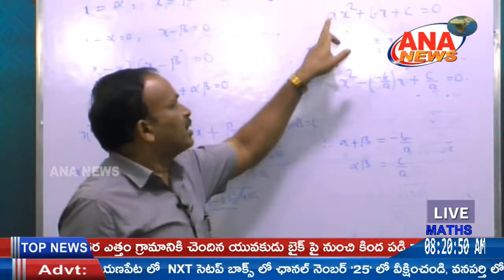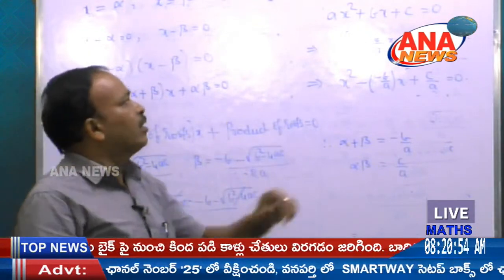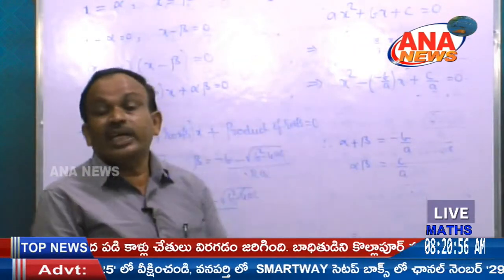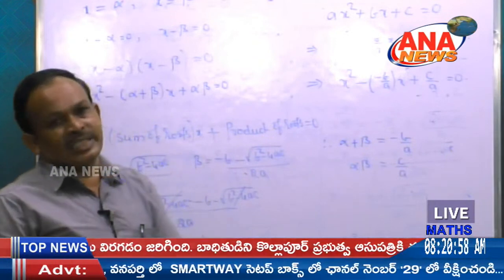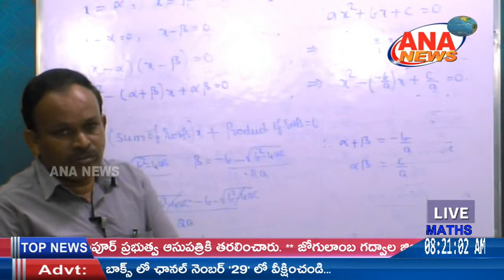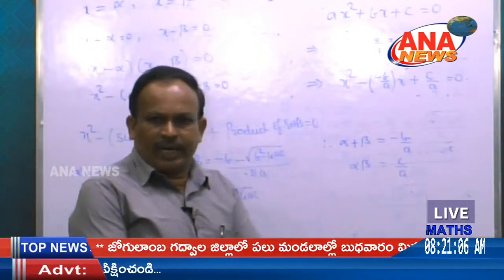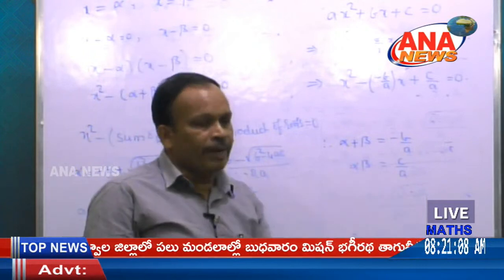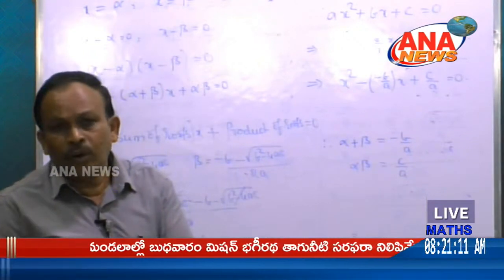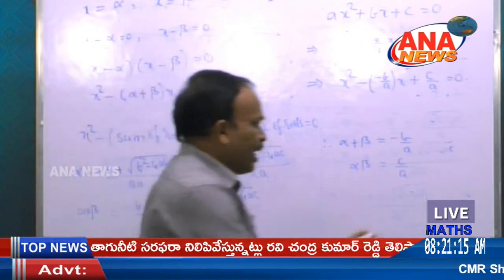Now a is the x square coefficient, b is the x coefficient, and c is the constant. Alpha plus beta is equal to minus b by a.